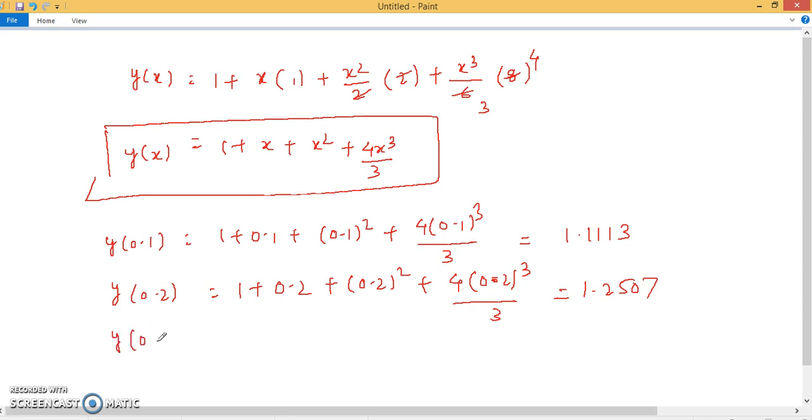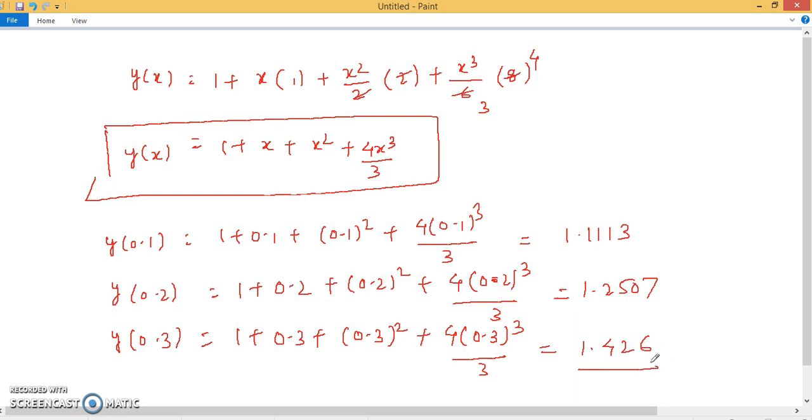Similarly, y of 0.3 also we can find: 1 plus 0.3 plus 0.3 whole square plus 4 into 0.3 cube by 3, and you will get 1.426. So this is the first question for the Taylor series.